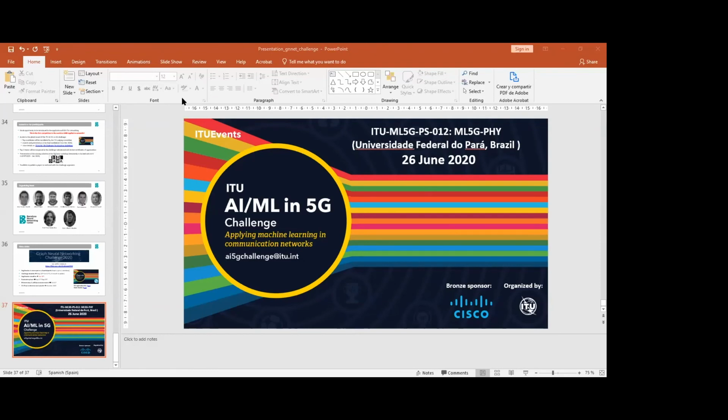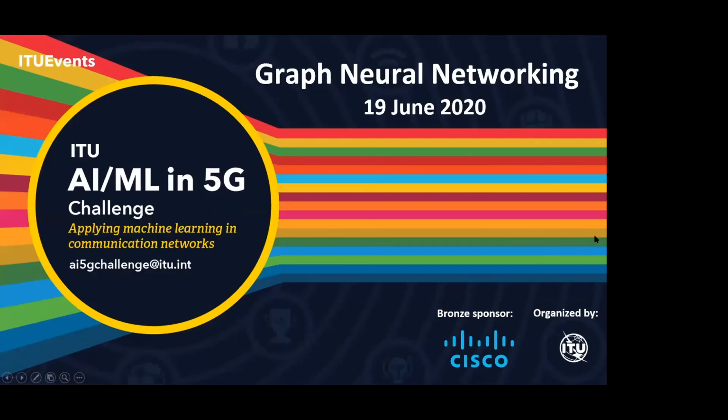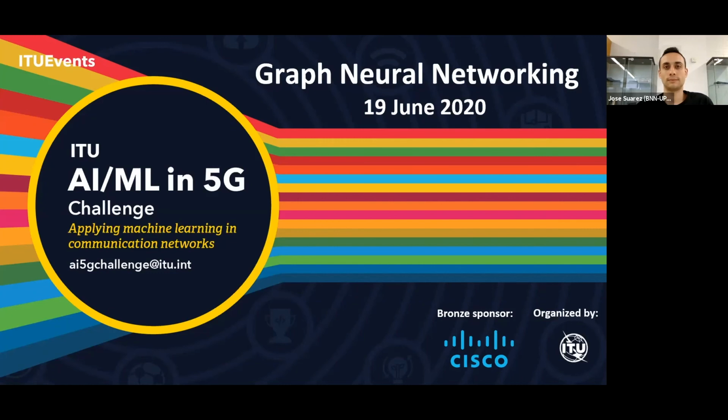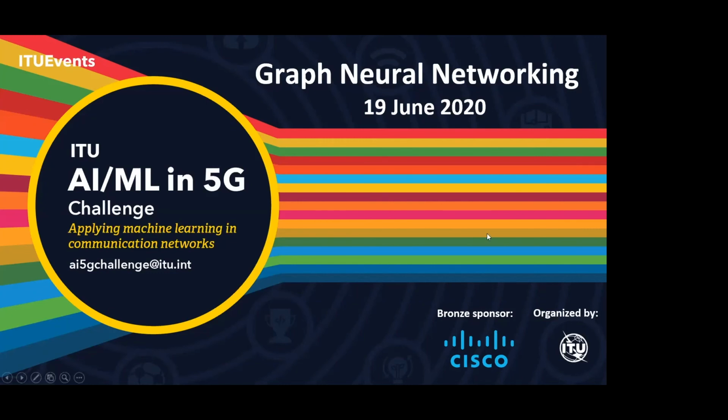Vishnu was also a key person in the ITU effort called Machine Learning in 5G Networks, or Machine Learning in 5G and Future Networks. So welcome, Vishnu, joining from India. I'll hand over to you, Vishnu, for the moderation of the Q&A part.